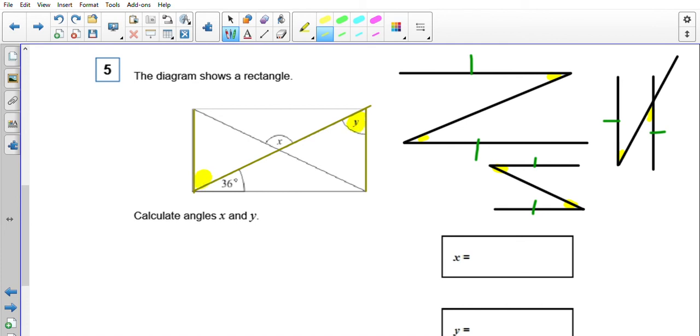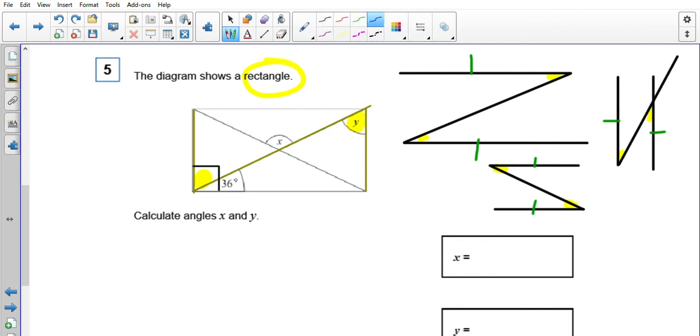The other thing that I need to think about here that's going to really help me out is our knowledge of right angles. Because it says it's inside a rectangle, and again, key, it gives you all the information you need, I know all the internal corners are going to be 90 degrees.